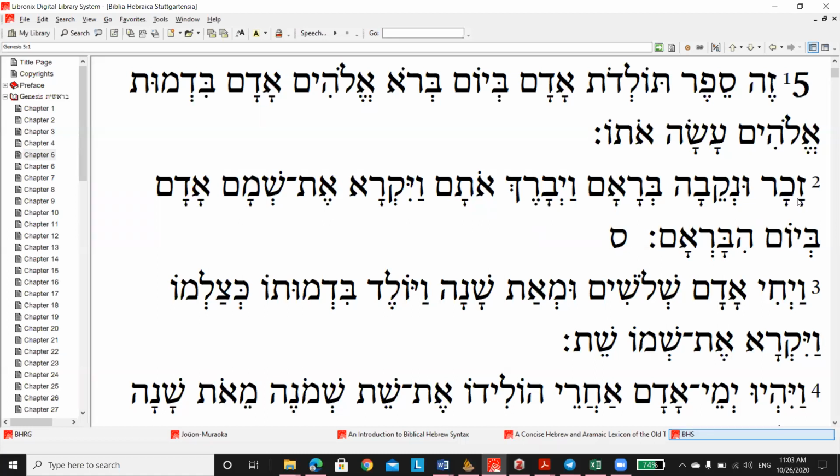And because we have two kamets here, it cannot be a verb, because a verb has kamets patach vowels. This is a noun which means male or man.